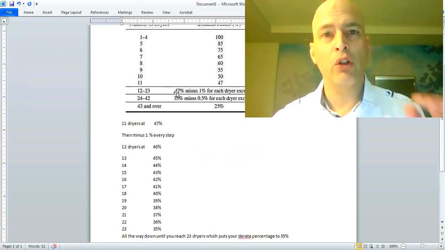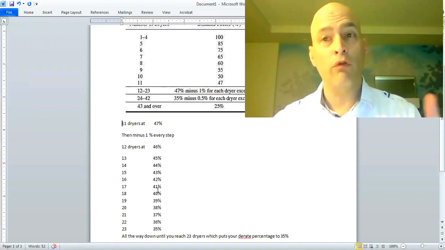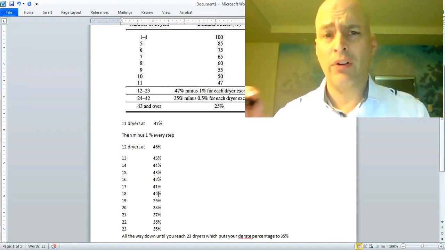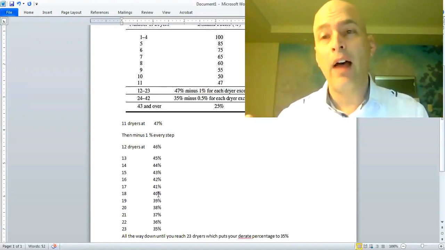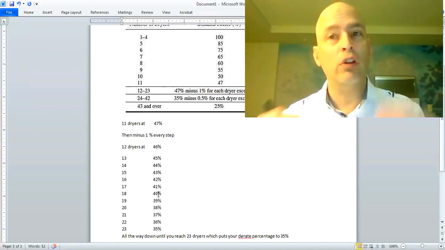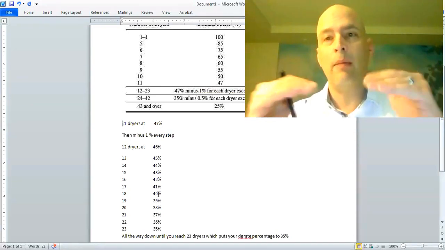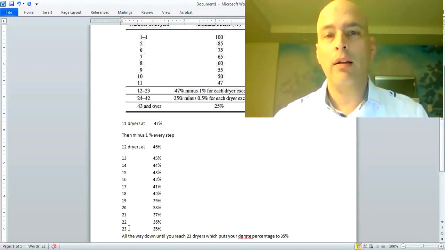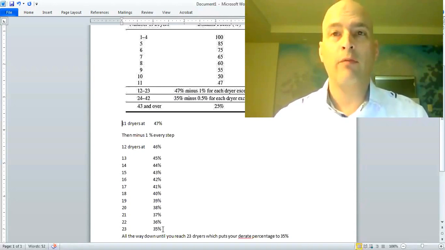The 12th one, I'm going to lose a percent, which is the 46, 45, 44, 43, 42, 41, 40, 39, 38, 37, 36, and then 35 as the last value. So you can see that we just took a 1% step all the way down that list there. So at the 23rd dryer, we would have had a calculated or new sub-calculated demand factor of 35%.